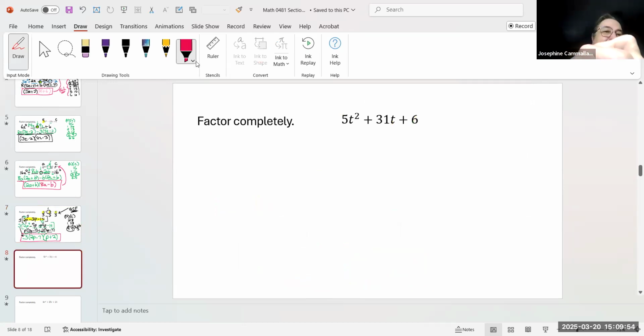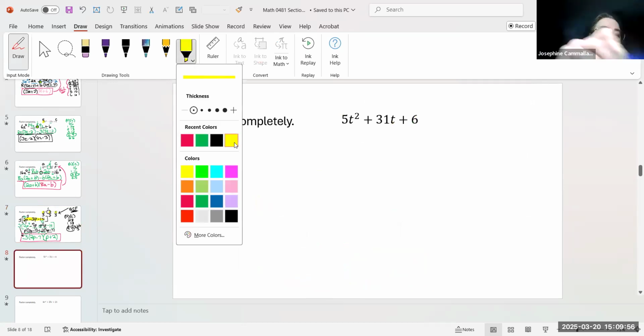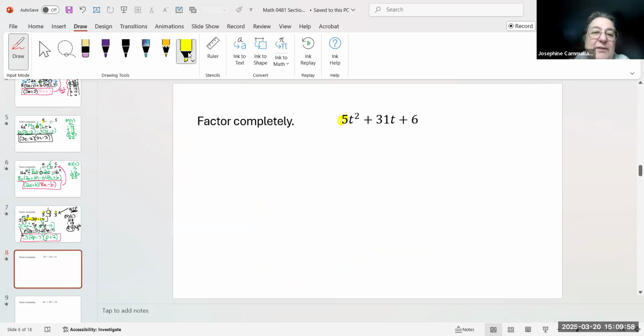Now, this one is a 5. Well, this one does not have a greatest common factor. Now, they may talk about doing this by trial and error, but we're doing it by trial and error. Instead of guessing, we have a system, and we're doing it step by step.